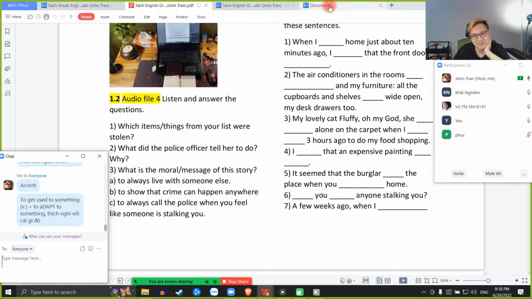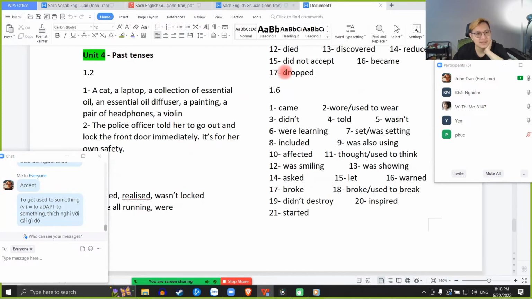What else? Như là books. No, it's a cat. Now, a cat, a laptop, a painting, a violin, và bà mất cái headphone nữa, a pair of headphones, một đôi headphone, tại vì lúc nào cũng phải bên trái bên phải. So they always left headphones and right headphones. So this is a pair of headphones, okay?